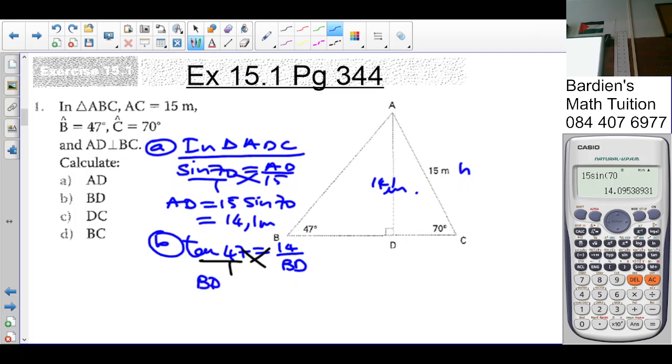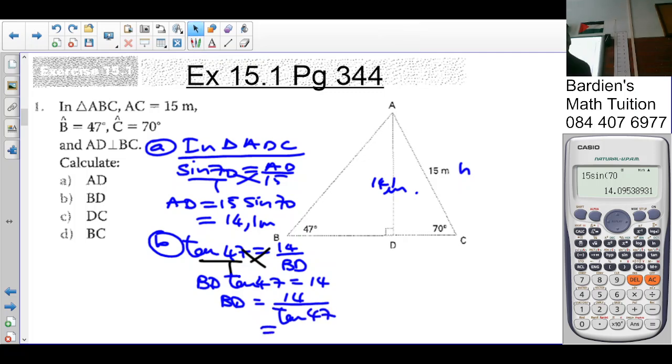So it's going to be BD tan 47 is equal to 14,1, divided by tan 47, so BD is equal to 14,1 over tan 47. That gives 13,1. You all okay with that?